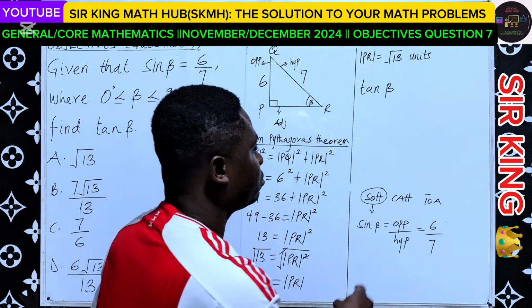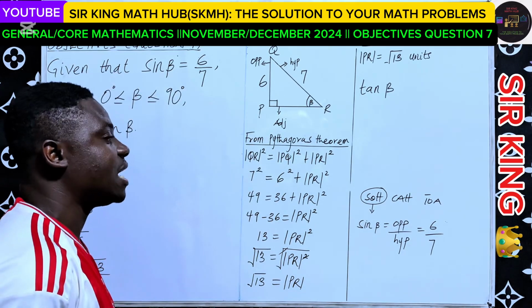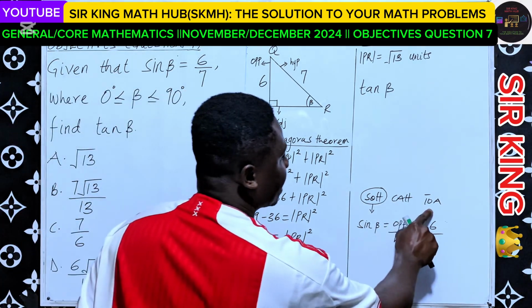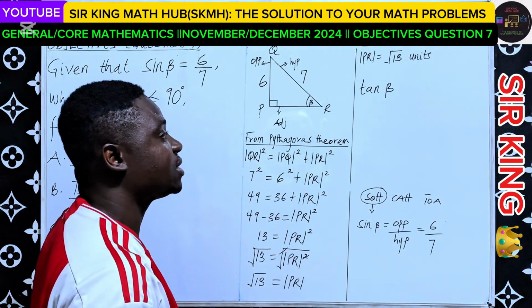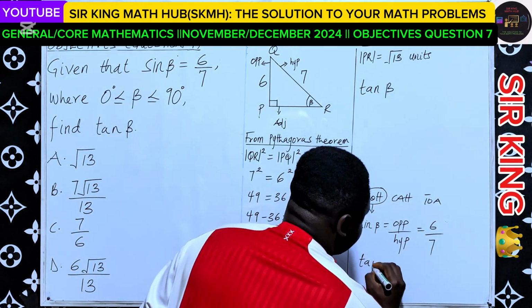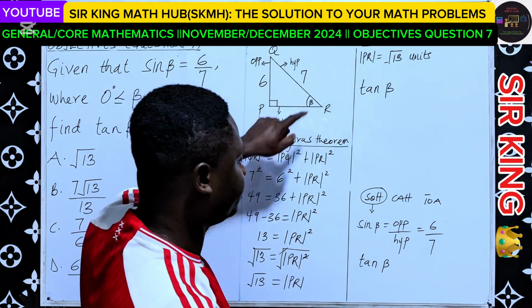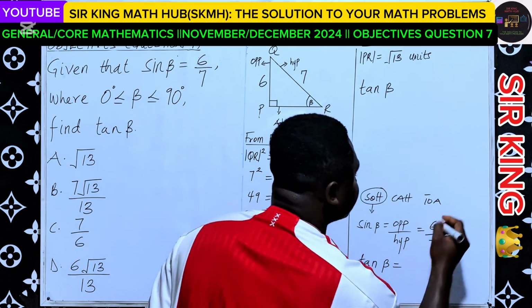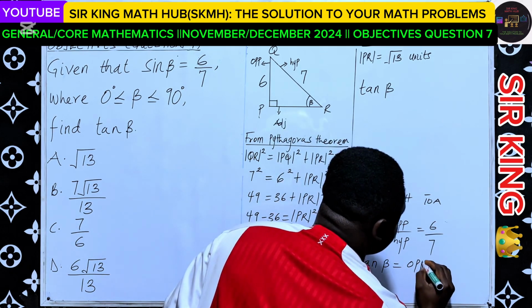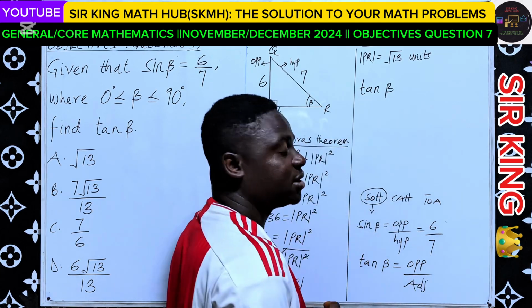But we are looking for tan beta. Again from SOHCAHTOA, which of them has the tan ratio? That is TOA. And what does TOA say? TOA says that the tan of the acute angle, in this case tan beta, should be equal to the length of the opposite divided by the length of the adjacent.